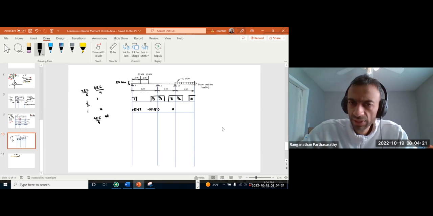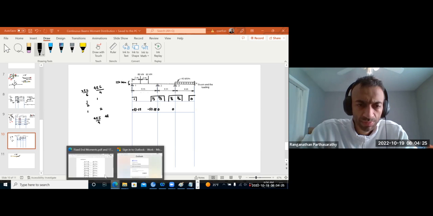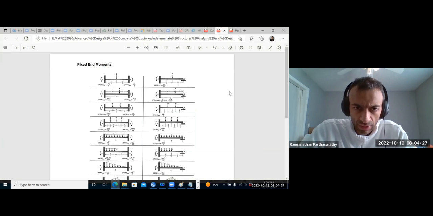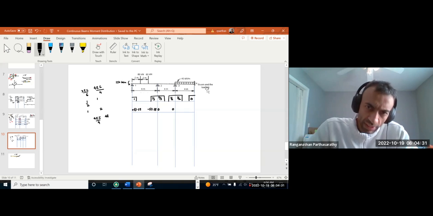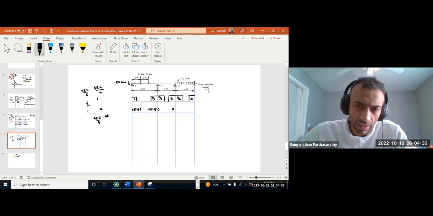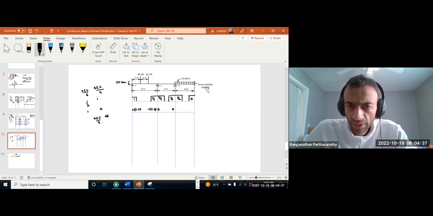Here 40 uniformly distributed. So that should be this case, WL square by 12. So 40 times 4 square by 12. Also 53.33. Negative.